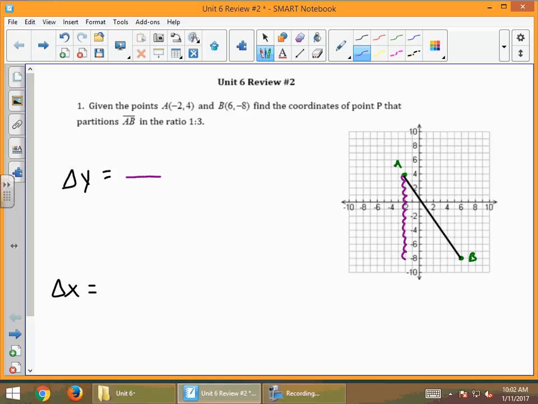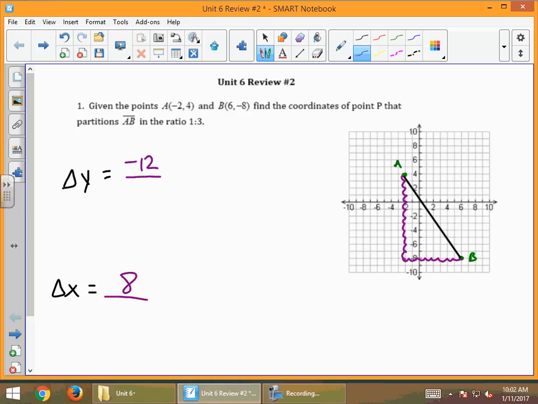It's negative 12, because we're going down 12, so it's negative. Now find your change in x. We'll count over. How far do we go over? We went to the right, so it's positive.